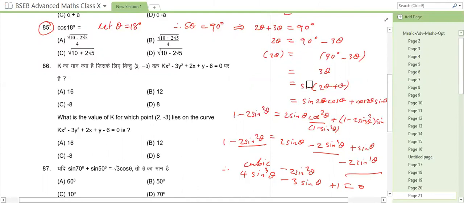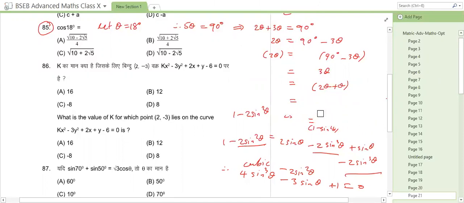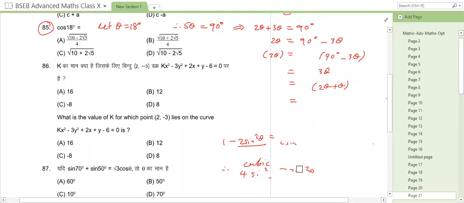Let's try a sine in here, because we are getting stuck with a cubic function. Maybe you can try factorizing that, but let us try a sine.